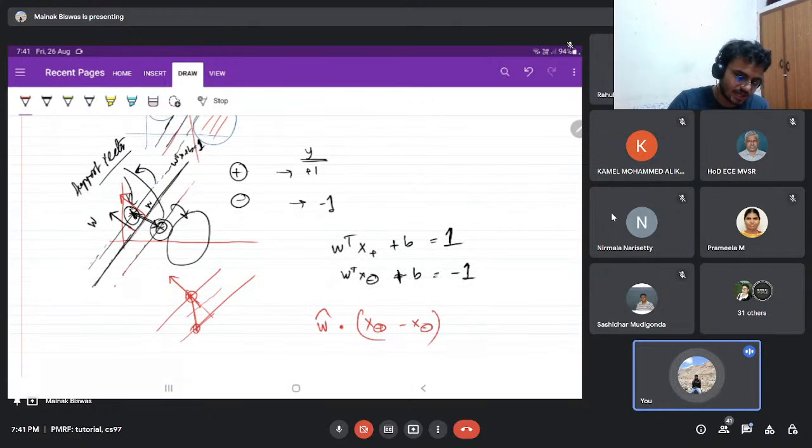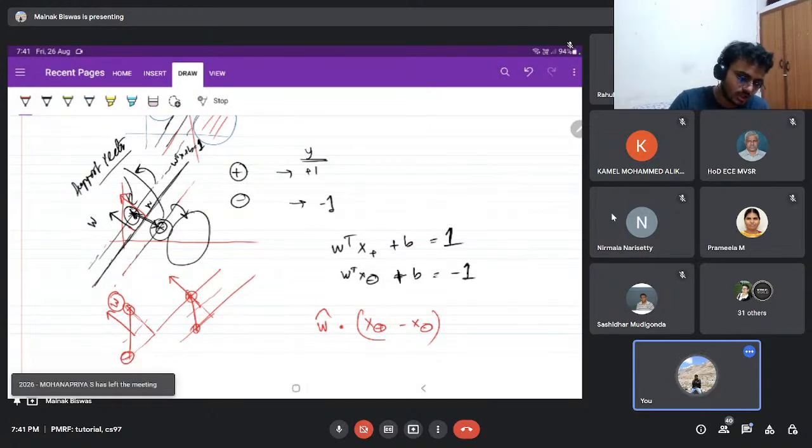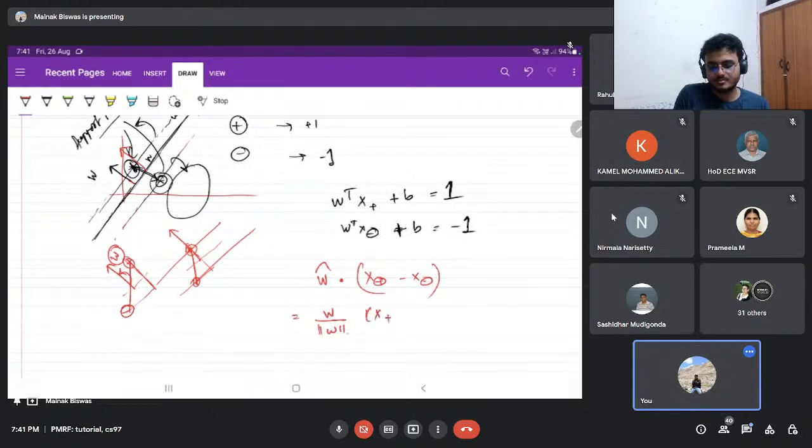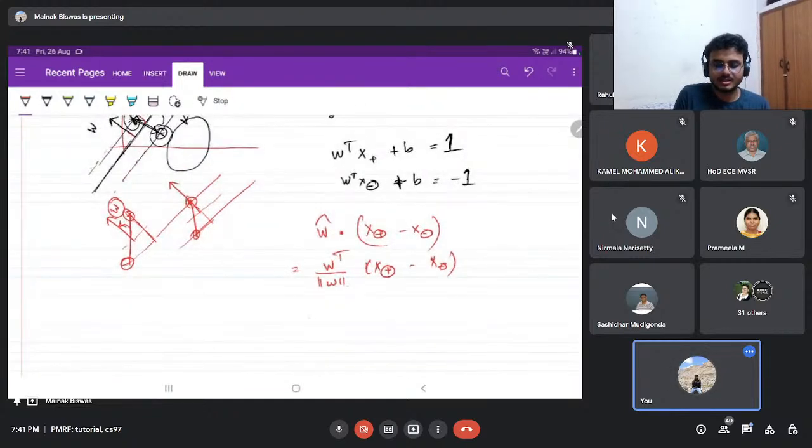So you have the w vector, a positive example here and a negative example here. To see the perpendicular distance between these two, you just take the dot product with the unit vector along w. That gives you this projection. You can write this as w by norm w dot x plus minus x minus, so w transpose x plus minus w transpose x minus, divided by norm w.